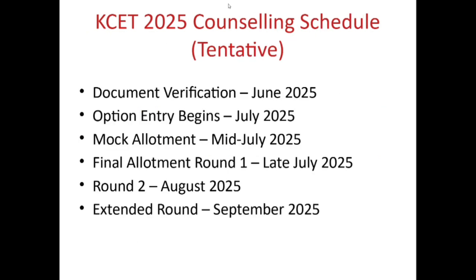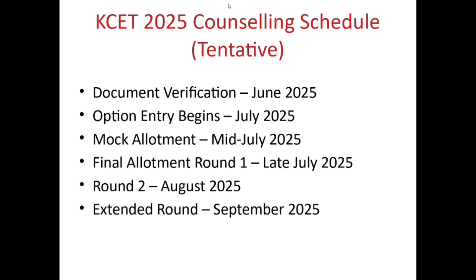KCET 2025 Counseling Timeline, expected. The KCET counseling process will be conducted by KEA, Karnataka Examinations Authority, and it is expected to start in June 2025. Let's look at the expected timeline. Document verification: June 2025.